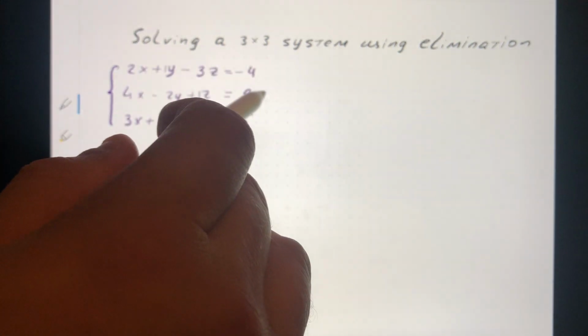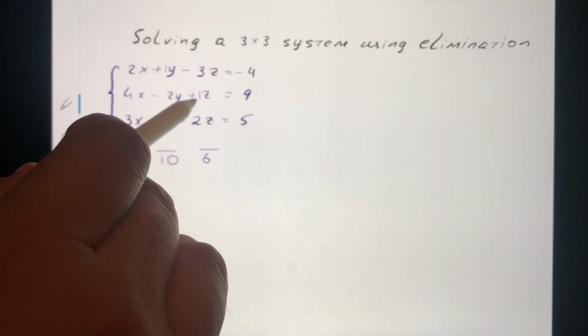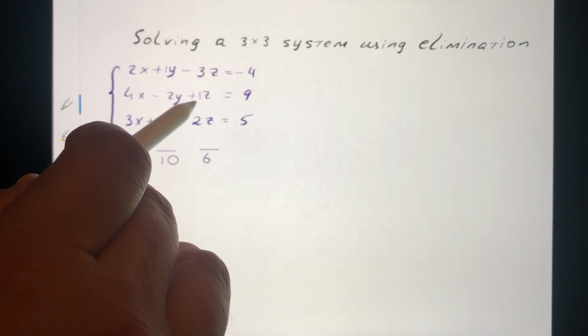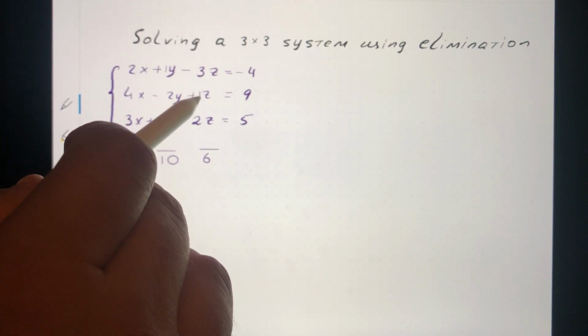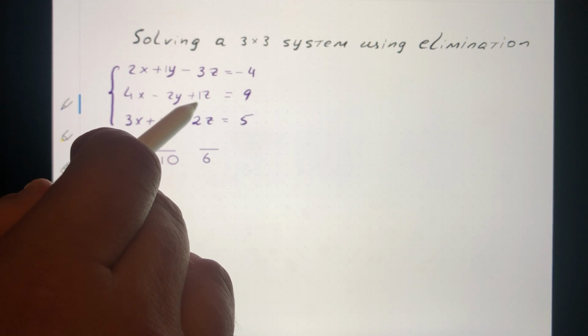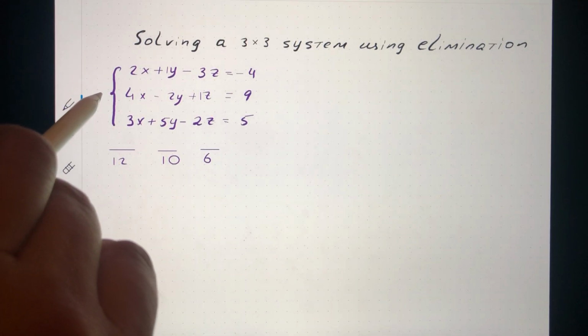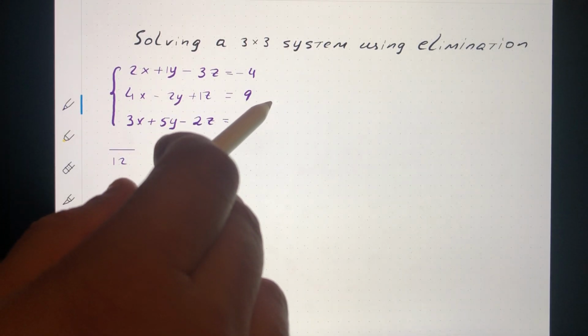So if we add the first two and we're aiming to cancel the z, then both numbers have to be the same with the opposite sign between them. So if we have -3, this z should be +3 to cancel. And that means we're multiplying the entire equation by 3.